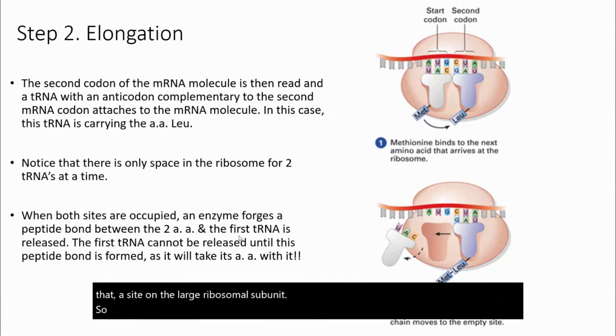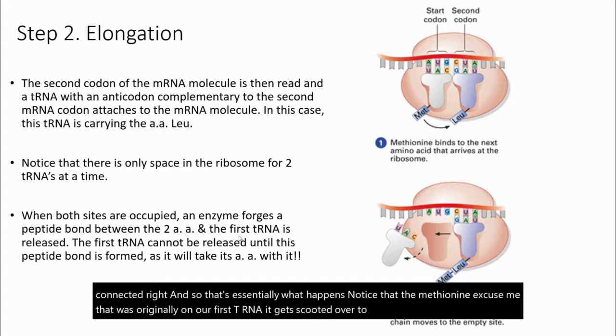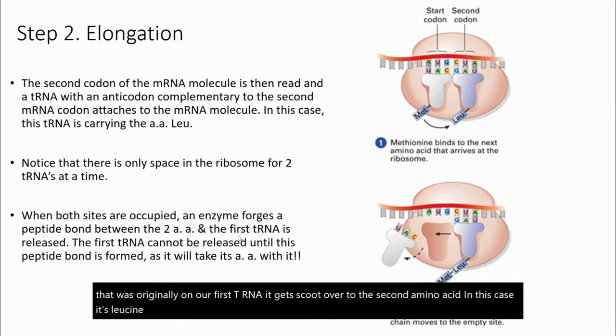So now we have our first two amino acids present at the ribosome, but they need to be connected, right? And so that's essentially what happens. Notice that the methionine that was originally on our first tRNA gets scooched over to the second amino acid. In this case, it's leucine, okay? So now look at the bottom picture.